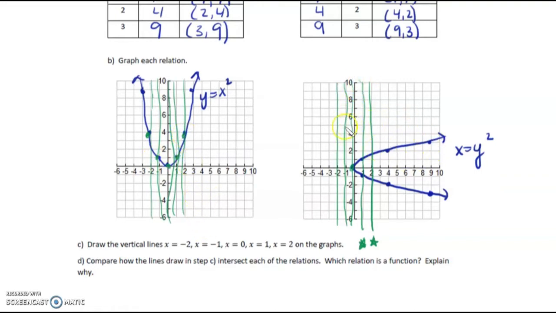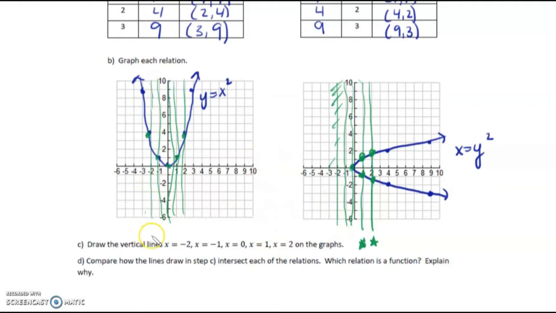Now, for x equals y squared, negative 2 and negative 1 didn't hit the graph, so those ones actually don't matter. They don't tell us anything about the graph. 0 hits it once, which is good, that's still a function, but the more we go up, when we drew a vertical line through 1, it hit the graph twice, and 2 hit the graph twice.